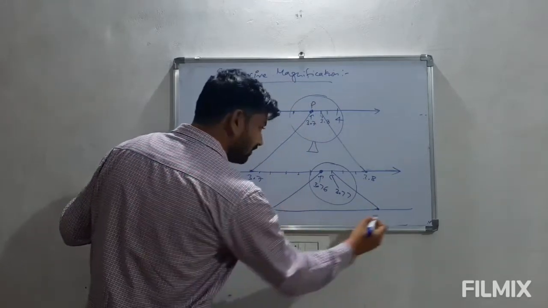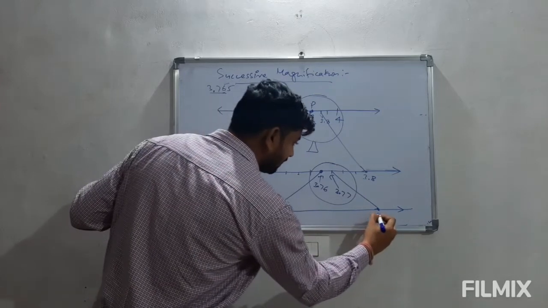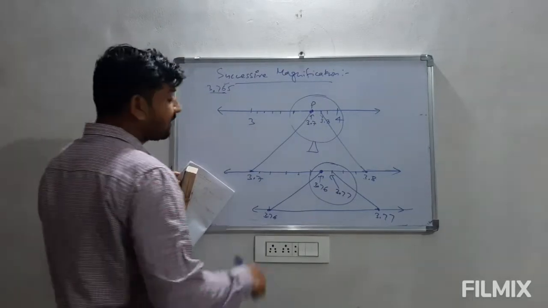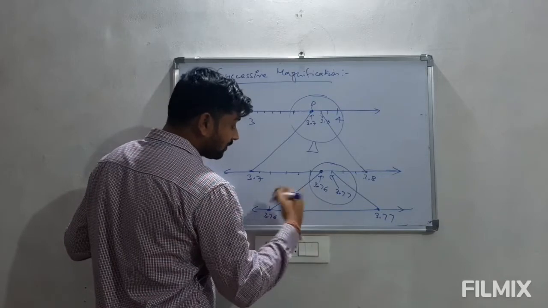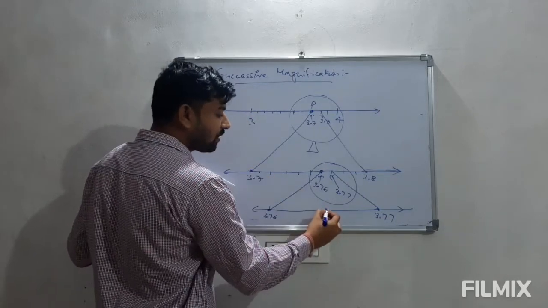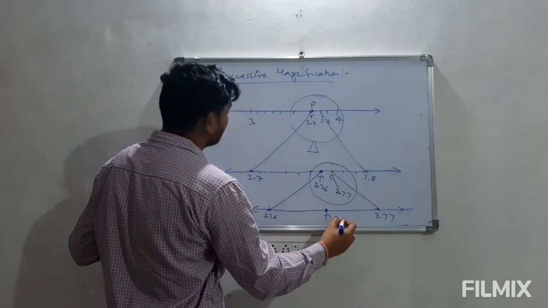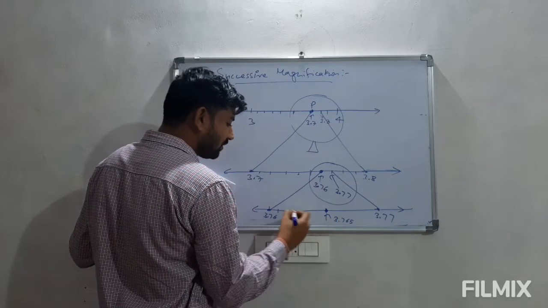These 2 points are nothing but 3.76 and 3.77. So here we can again divide it into 10 parts. Here we need 5, that will be the middle of this. So we can easily say that this middle point will be 3.765, or we can divide it into 10 parts this way.